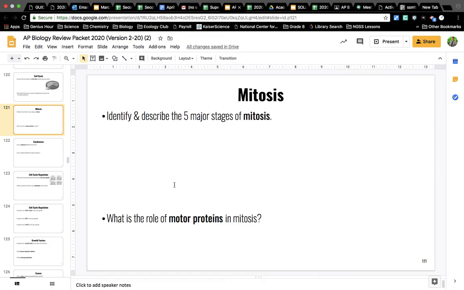What the motor proteins then do is they attach to the kinetochore and they help, through air quotes, walk the chromosome along the microtubule to the opposite pole. Now, as it's walking and pulling that chromosome to the opposite side, that microtubule is being fed out through the other side of the kinetochore, and it's actually being depolymerized.